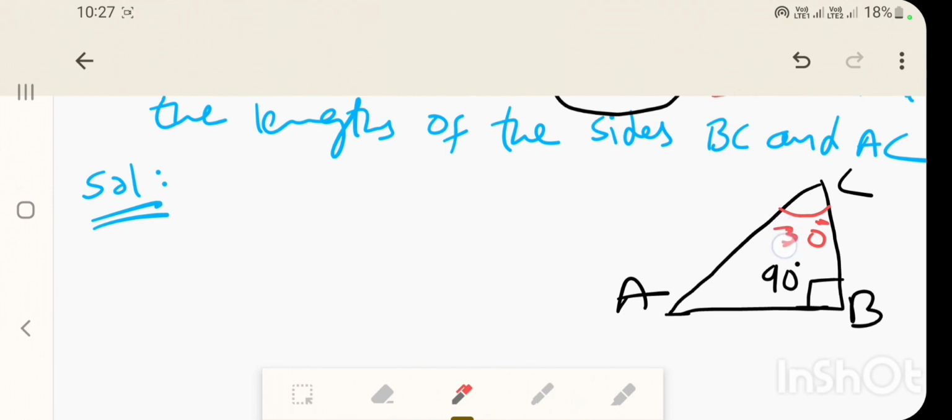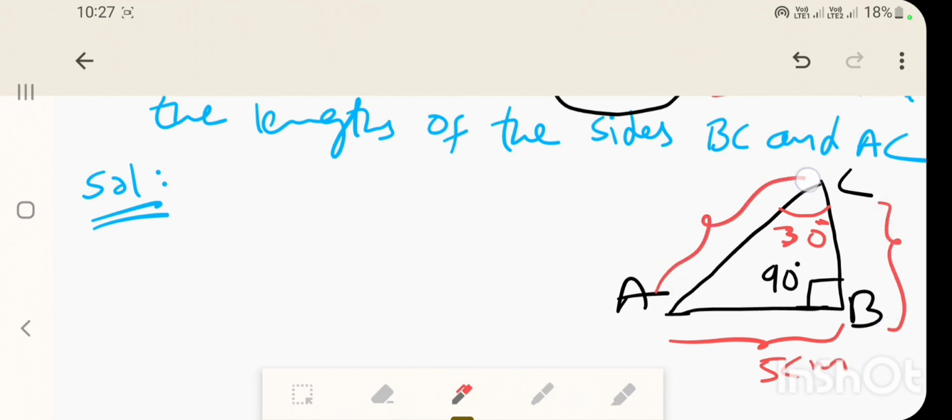So here angle C is 30 degrees. They have given the length of AB as 5 centimeters, and they are asking to find BC and AC in centimeters.